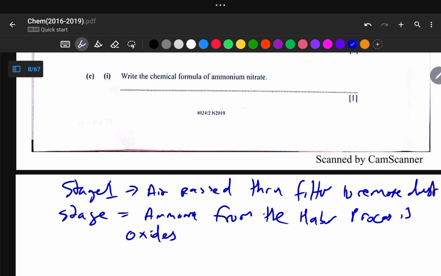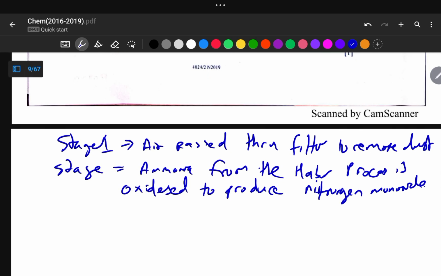So this is the main reaction of the Ostwald process, to produce nitrogen monoxide, right? So the equation for this reaction is ammonia, NH3, plus oxygen, a reversible sign here, and then plus water, right?